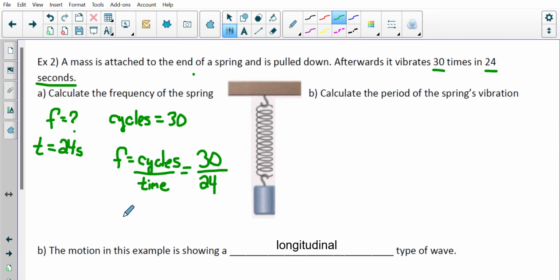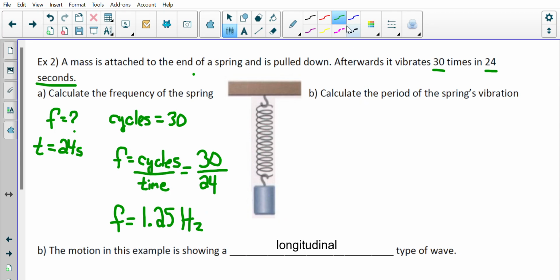And so our frequency, let's see here, I got 30 divided by 24. It's going to be 1 point something, in my opinion. Yeah, it is. And the frequency is 1.25. And again, you'll see that the units are hertz, or Hz.